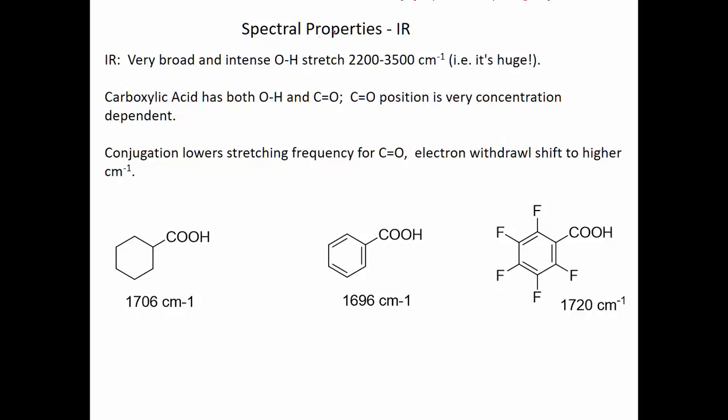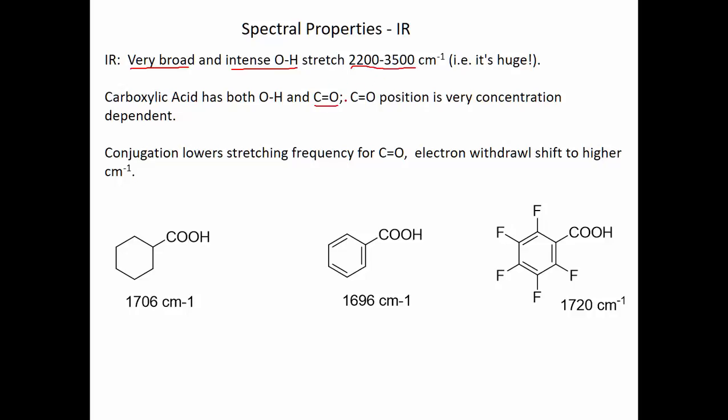We're going to find that the peak is an extremely broad, extremely intense OH stretch, far more intense than in an alcohol, and it covers a huge range, more than 1,000 wave numbers in the spectrum. So there's our OH stretch.